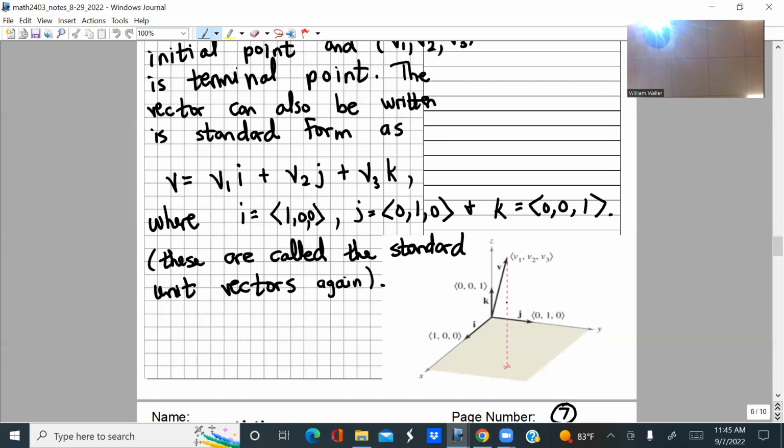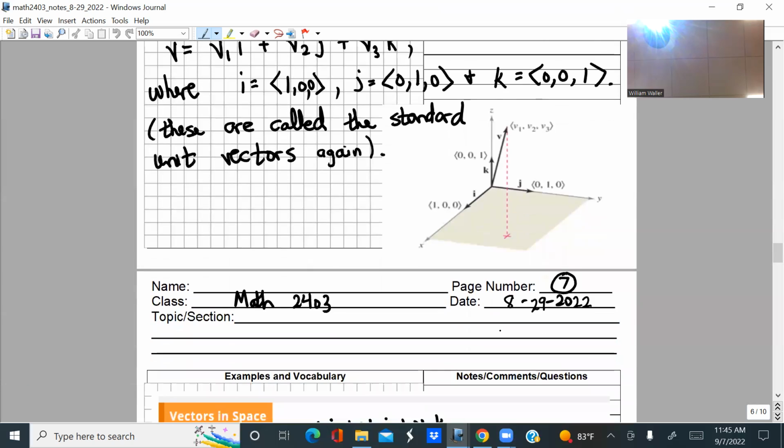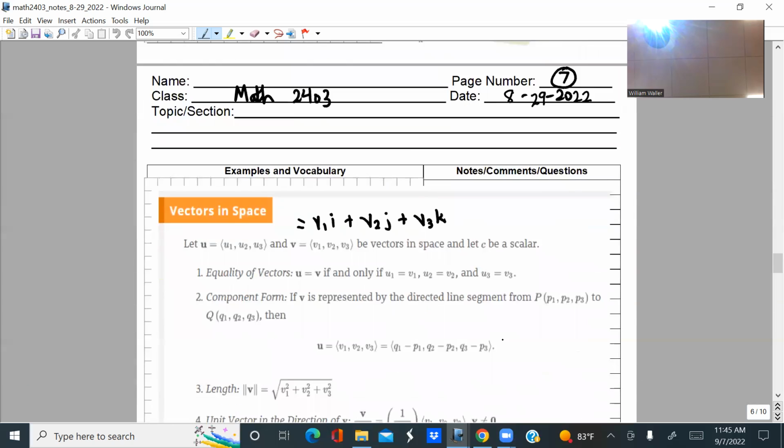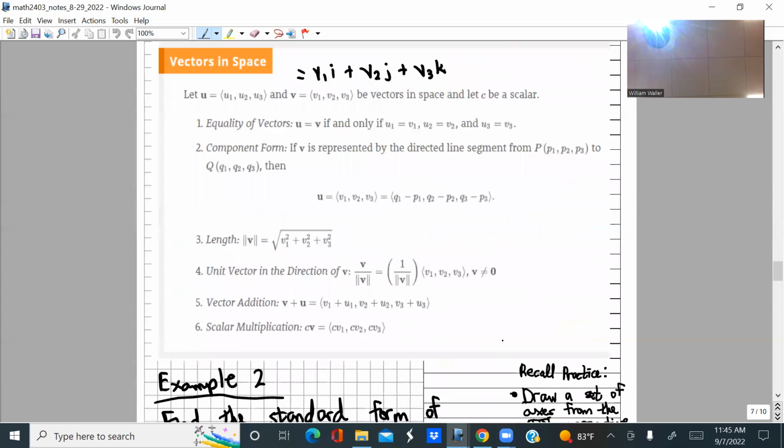Well, so far, so good. And actually now, lots of other things are the same for vectors in 3 dimensions as they are in 2 dimensions. So there's putting the vector in component form.